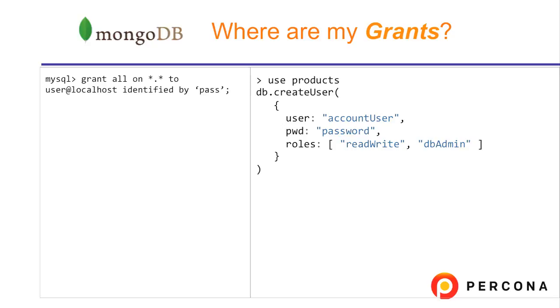Another interesting difference between the MySQL user model and the MongoDB user model is that, first of all, you create your userAdmin. This is what we don't use in MySQL. We have root, right? We have root, and root can create the users.